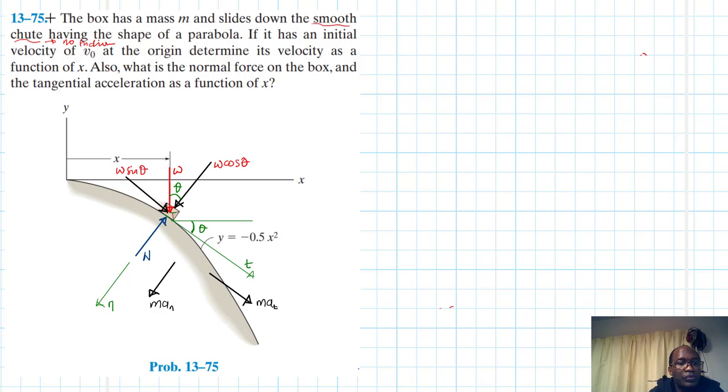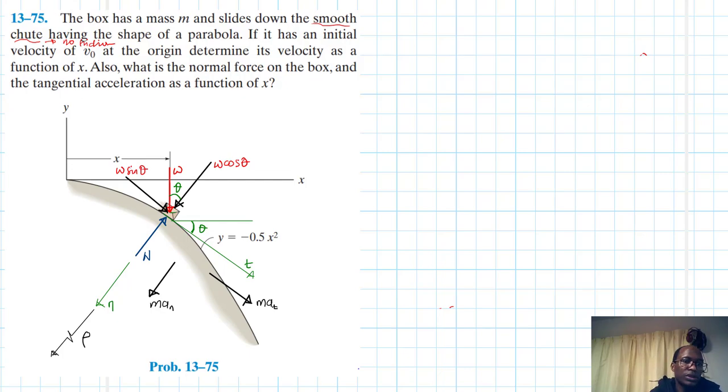Alright, so for the angle itself, we need to find the first derivative. We also have what is called along this direction here. Let me call this rho, which is equal to r, the radius of curvature. Alright, so we need to calculate this.